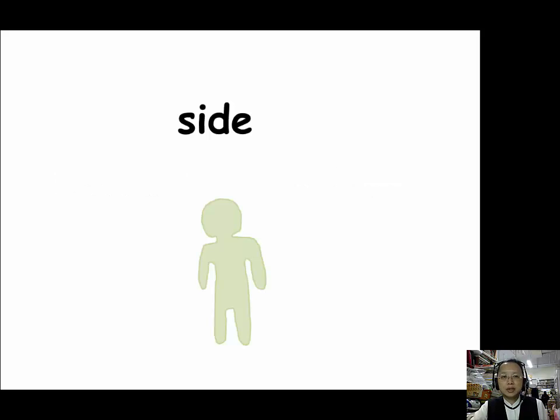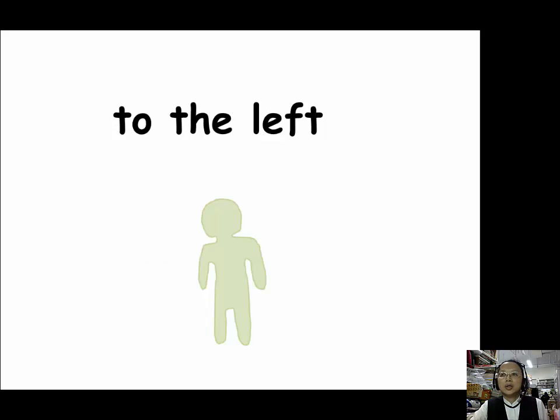For describing things that are on both sides of the reference object, we use latero, L-A-T-E-R-O. If the things we are talking about are on the left side of the reference object, or turning left or counterclockwise, we use levo, L-E-V-O.